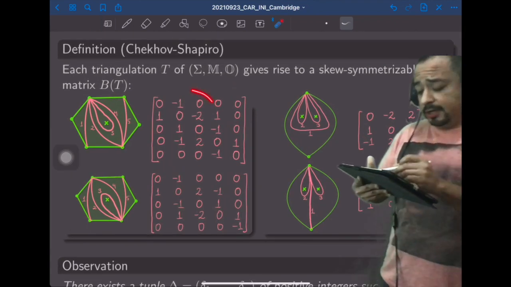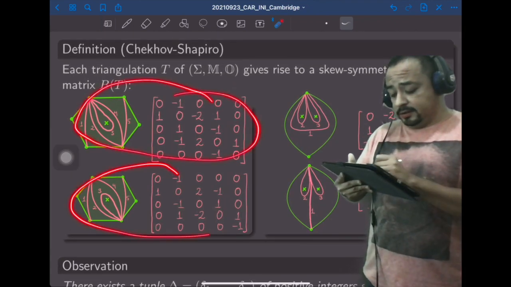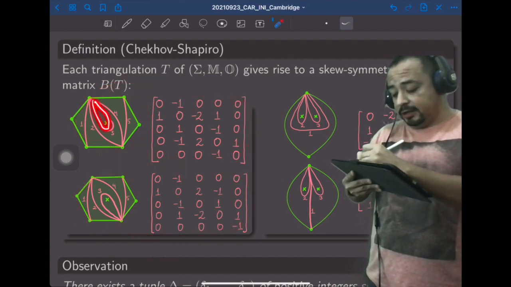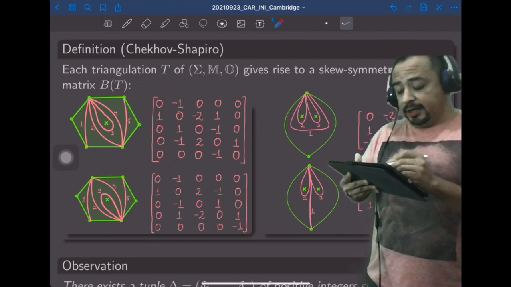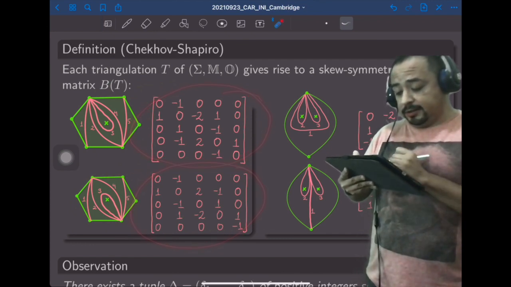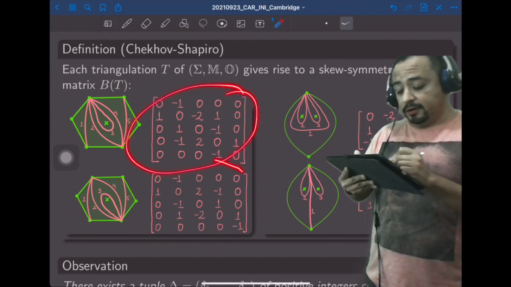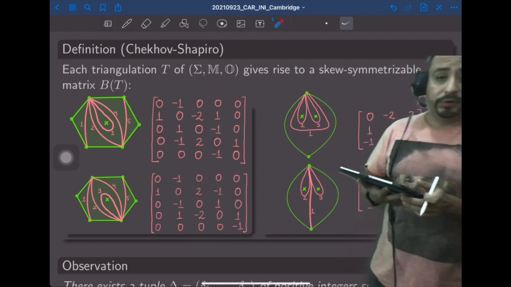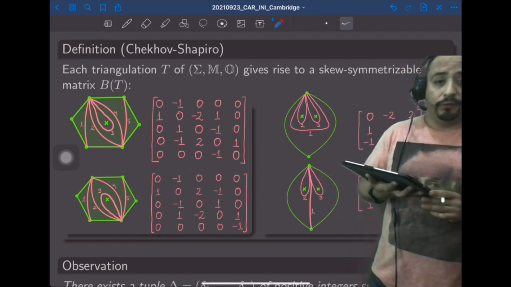So here you can see these two triangulations, which, as I said, are related by the flip of this arc, and you can just check that the corresponding matrices are related by a mutation of matrices as in Fomin and Zelevinsky, right?